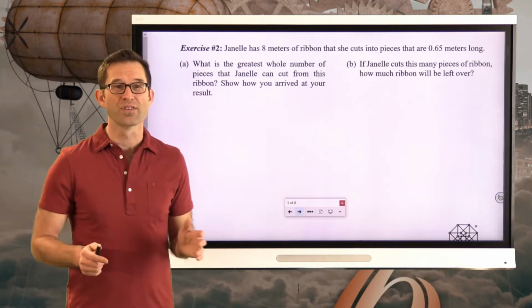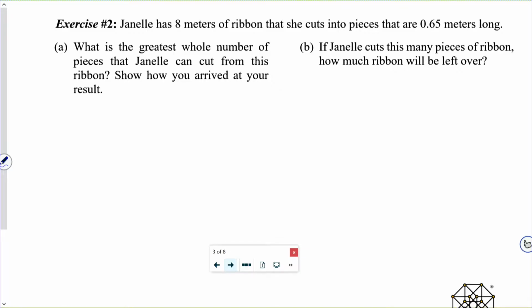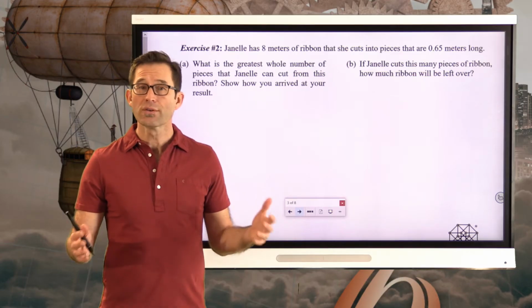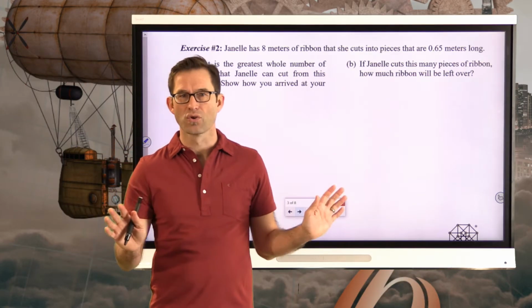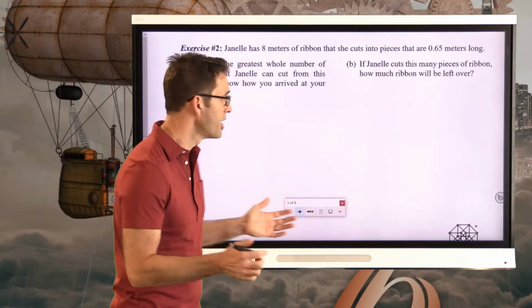Let's see about exercise number 2. Janelle has 8 meters of ribbon that she cuts into pieces that are 0.65 meters long. Letter A asks us, what is the greatest whole number of pieces that Janelle can cut from this ribbon? Show how you arrived at your answer. Let's picture this for a moment before we get into it.